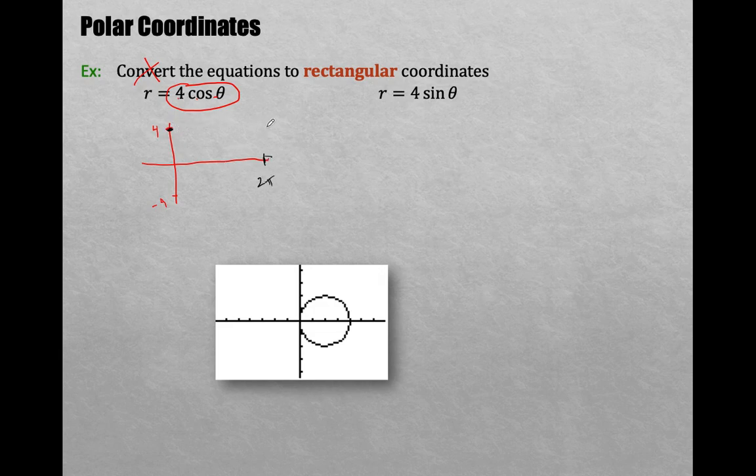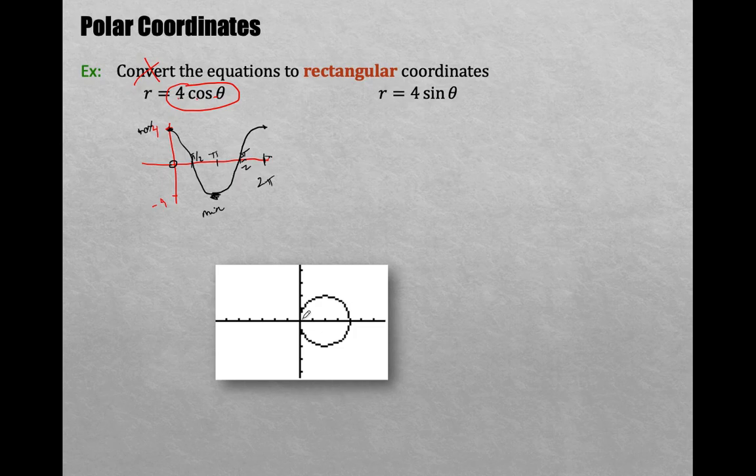Remember our 5 critical points, our start and then our quarters. Here is my minimum. Here are my maximums. At 0, pi over 2, pi, 3 pi over 2, and 2 pi.